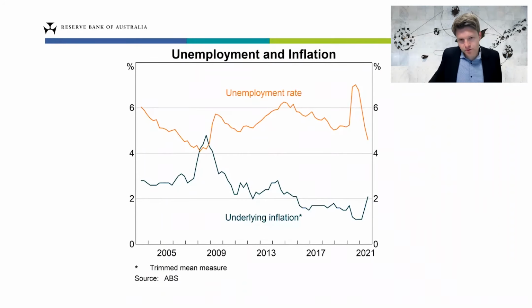To measure the unemployment rate and the inflation rate, it's really easy. We can just go to abs.gov.au, go to the labour force survey page, or go to the consumer price index page and download spreadsheets with all the data that you need to draw a graph like this.